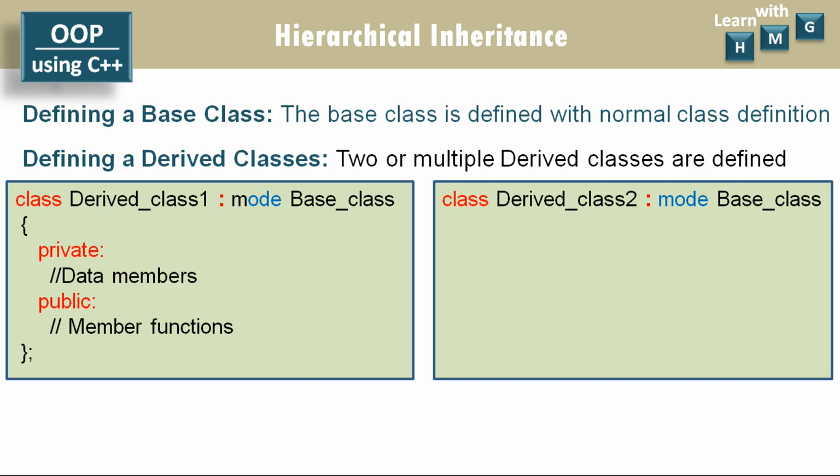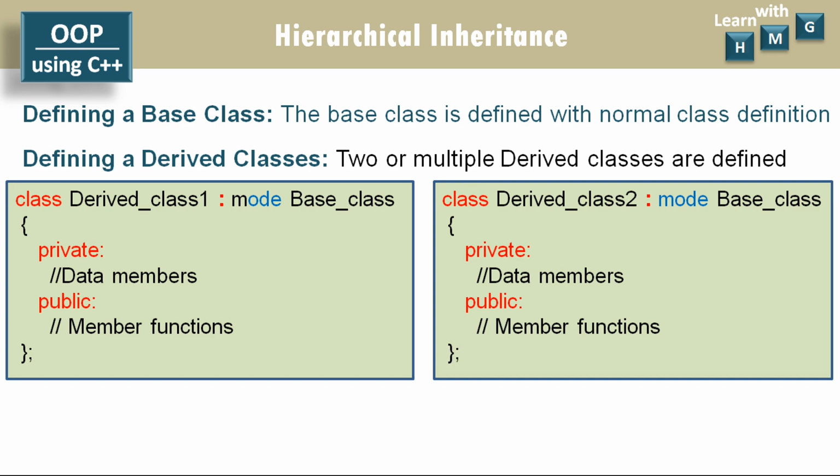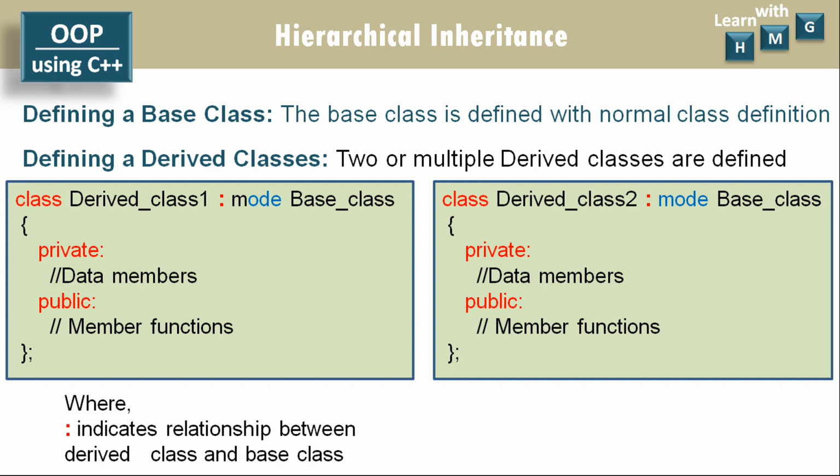So class keyword, then derived class name, colon, visibility mode and the name of the base class, and its private data members and public member functions. In this way we can define multiple derived classes which are publicly derived from a single base class.